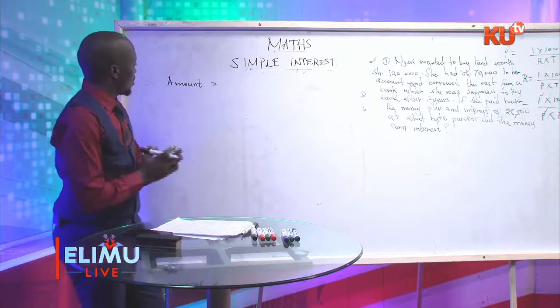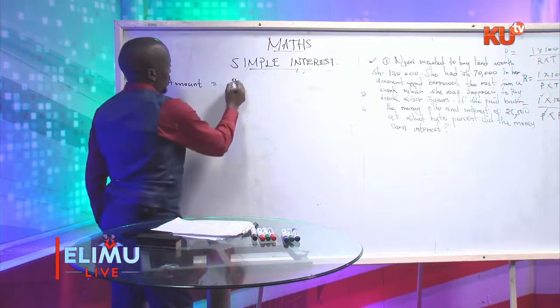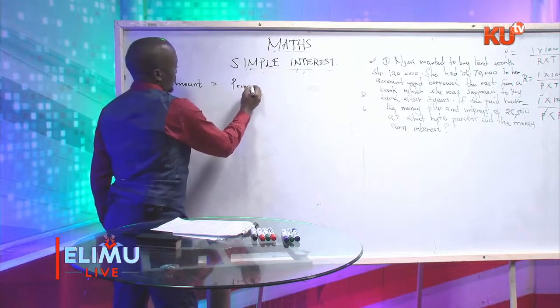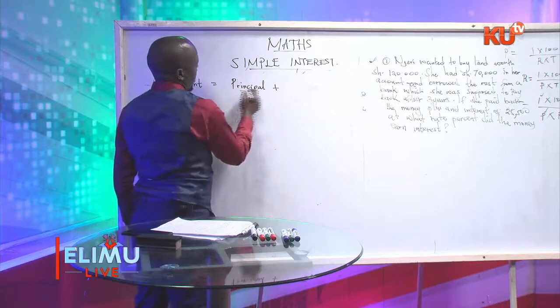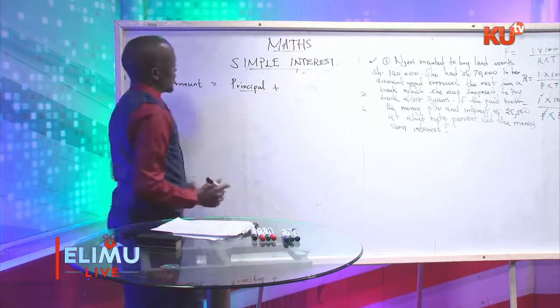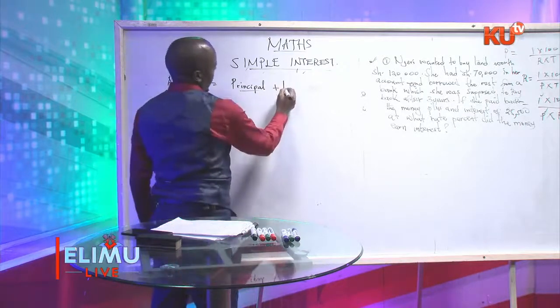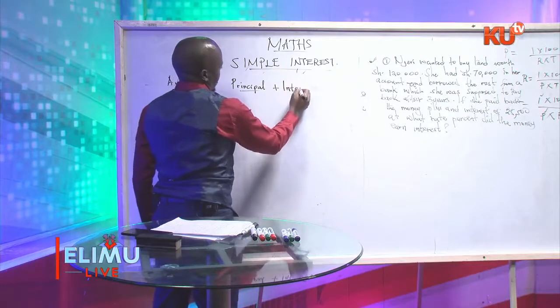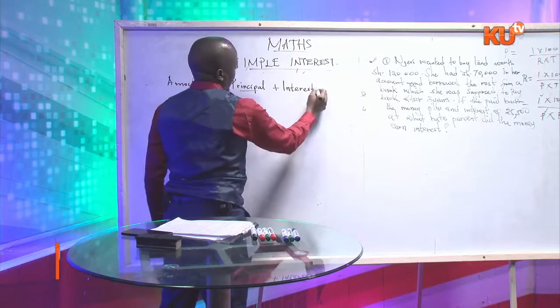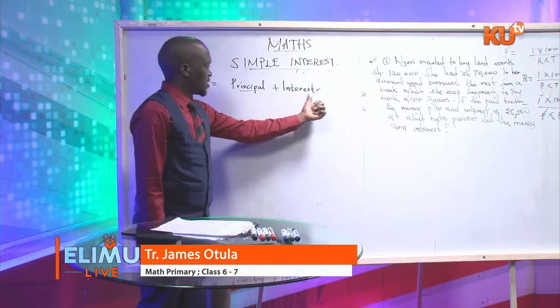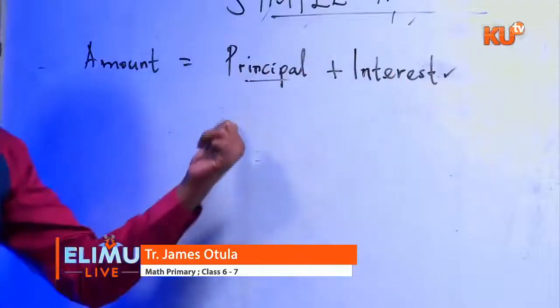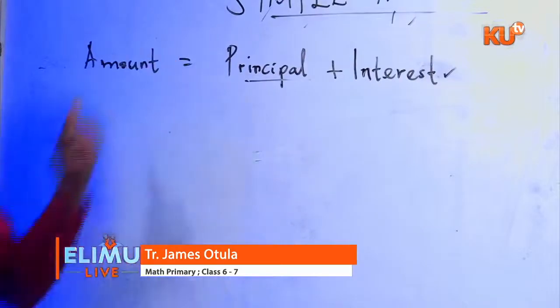So amount is equal to principal, and I say that this principal is not that principal, the one heading a school, plus interest. Amount is equal to principal plus interest, meaning that you have to work out the interest first. Then later, you add it to the principal to find the amount.